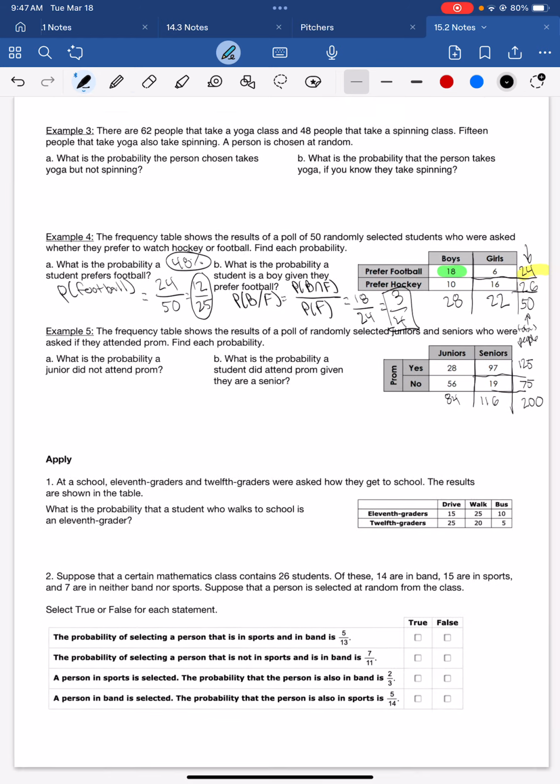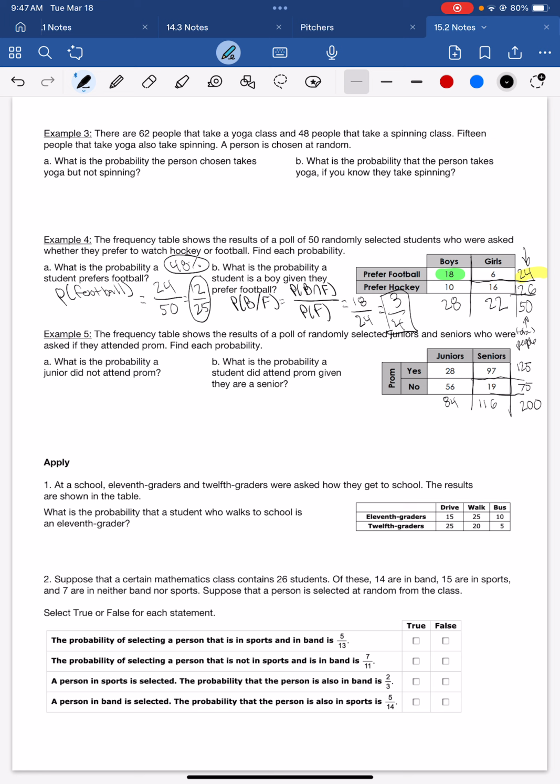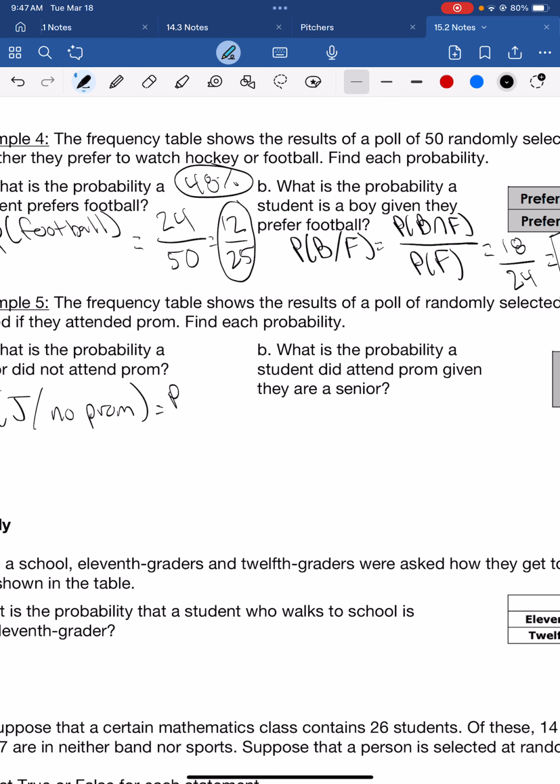So, what is the probability a junior did not attend prom? We'd say the probability that the person was a junior given that they didn't go to prom. The way that we're going to set this up is the probability of a junior and no prom over the probability of no prom.